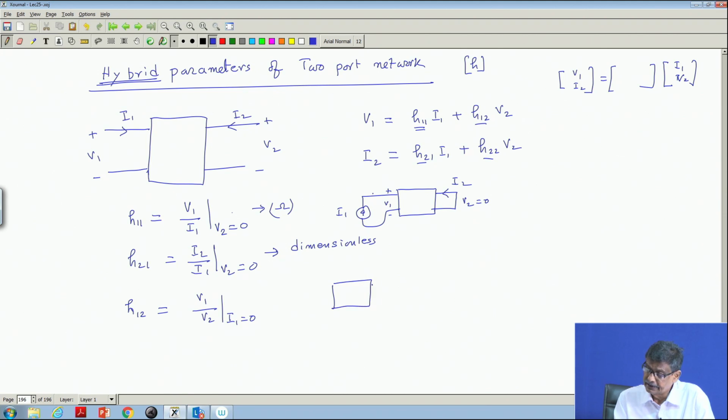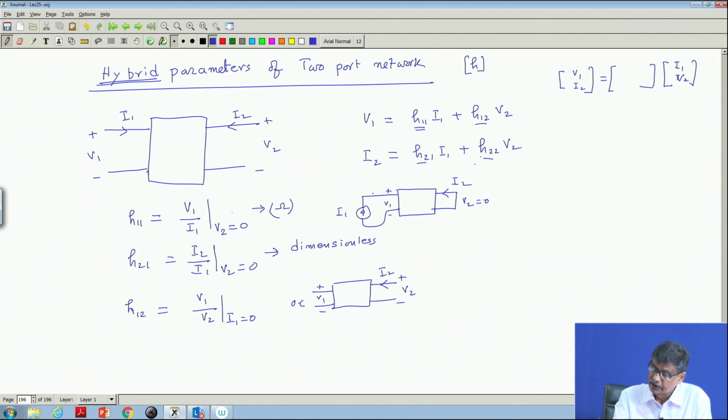You excite the second port, output port with a voltage V 2, this current is I 2, but keep this open circuited, I 1 is 0, OC, open circuit, and record this voltage V 1 by V 2 under this condition. H 12 will be also a dimensionless quantity. It tells you the ratio of the voltages of input and output port.